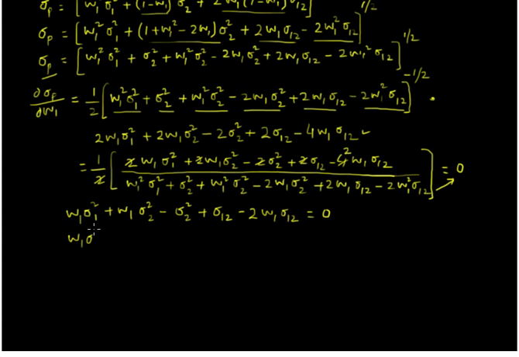W1 times variance of 1 plus W1 times variance of 2, and we have a W1 term here, so let's write it first: 2 times W1 times covariance between 1 and 2, and the remaining stuff we can take over to the right hand side, which is these two items here. So right hand side is going to be variance of 2 minus covariance between 1 and 2. This means that the left hand side could be written as this.